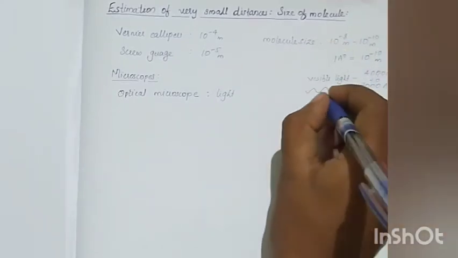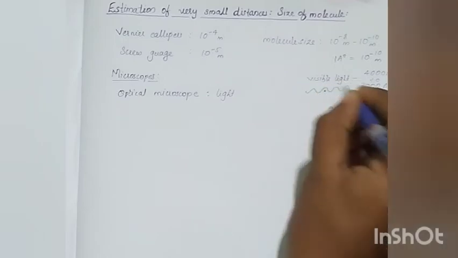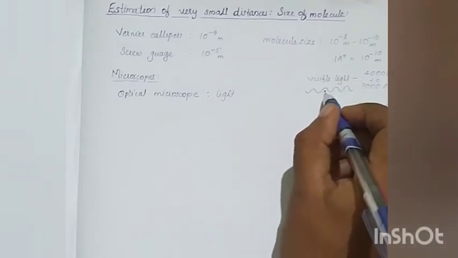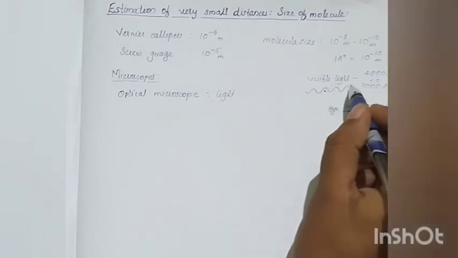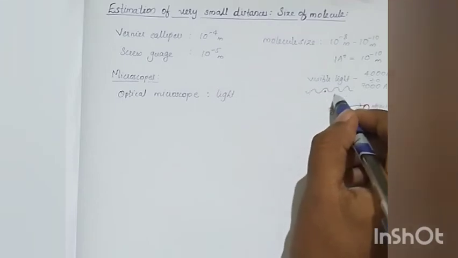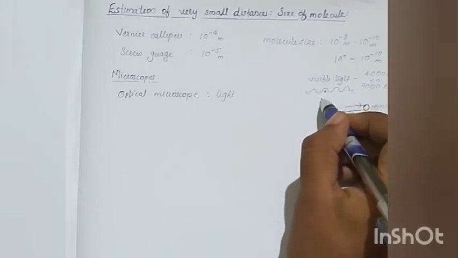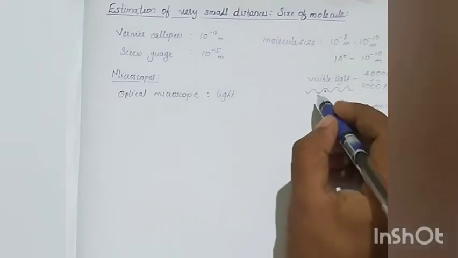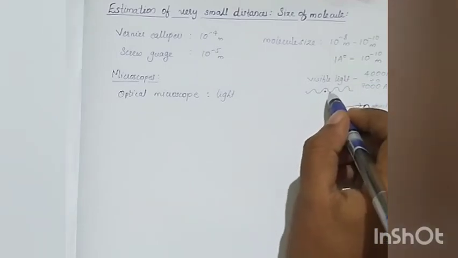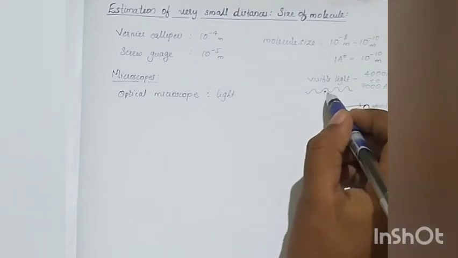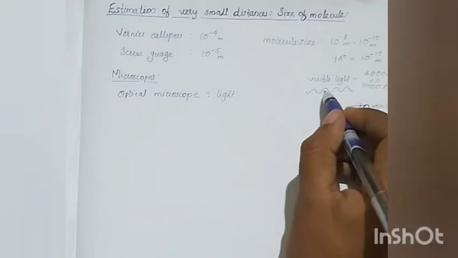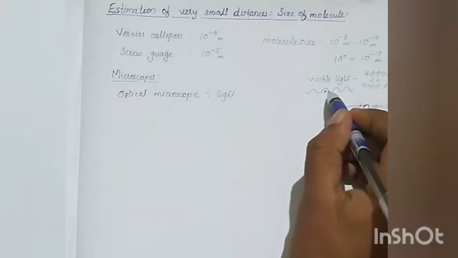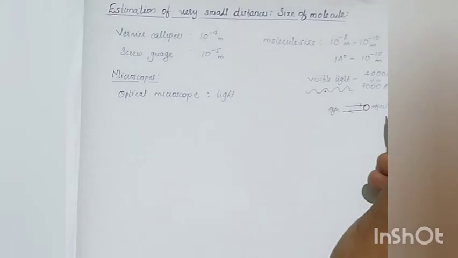So if we have a molecule here, since the wavelength of the visible light is greater than the size of the molecule, the light may not hit this particle and reflect back, because the size of the particle is very much smaller than the wavelength of light.